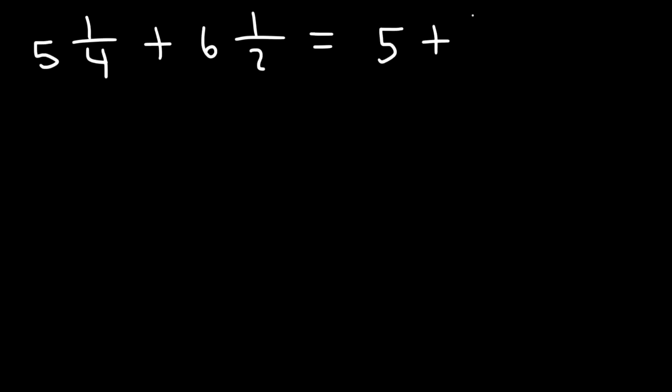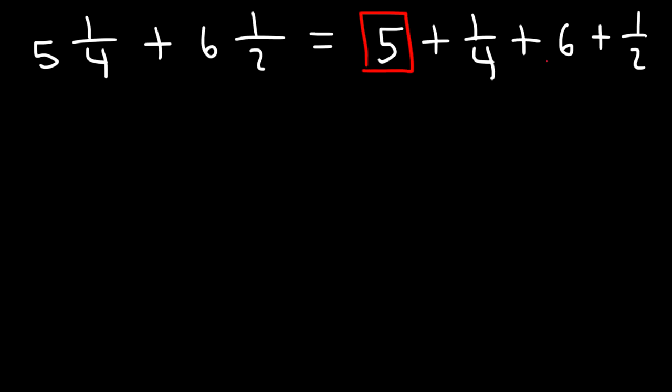Now let's add 5 and 1/4 with 6 and 1/2. Go ahead and try that problem. So let's expand it. This is 5 plus 1/4 plus 6 plus 1/2. So let's add 5 and 6 together. 5 plus 6 is 11.